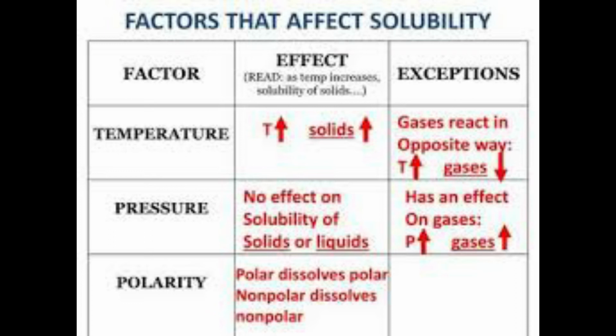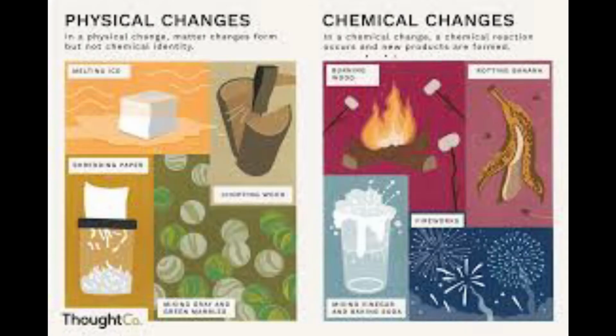Now we are going to see another part of the lesson, physical and chemical changes. Children, there are some changes during which no new substances are formed, whereas we can see many types of changes in our day-to-day life at every second. But all the changes are classified into two types, physical change and chemical change.